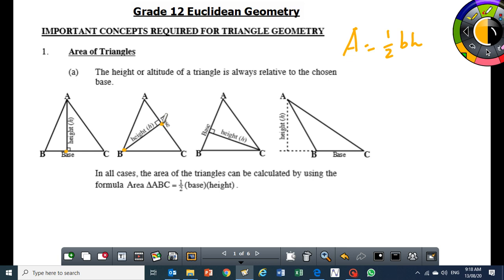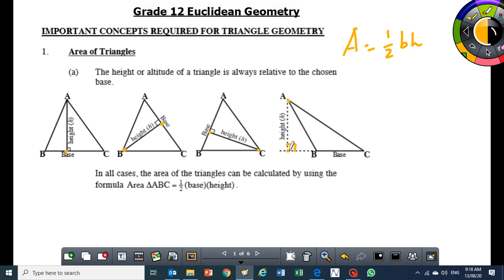For the third one, if you choose AB to be your base, your height will be from here to there. Now the last one here is a unique triangle. If you choose this one to be your base, your height is going to be the perpendicular line drawn from vertex A up to a line produced from point B, so that you end up having from here to there as your height.